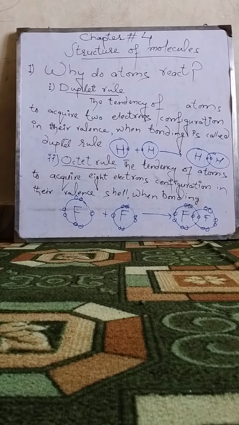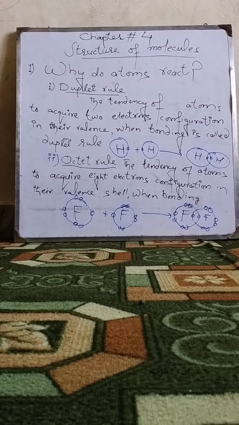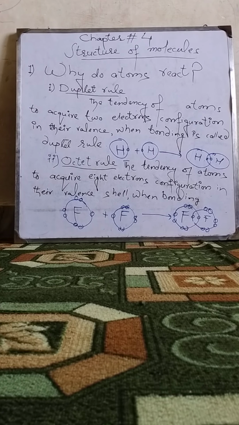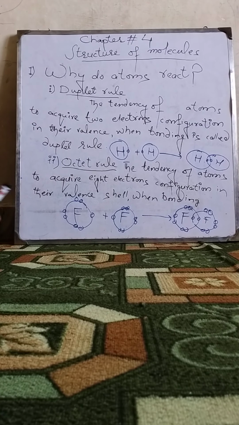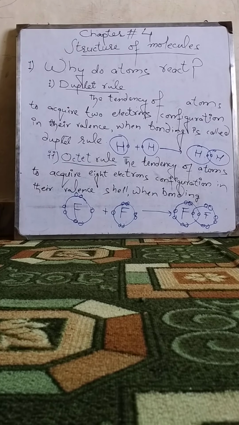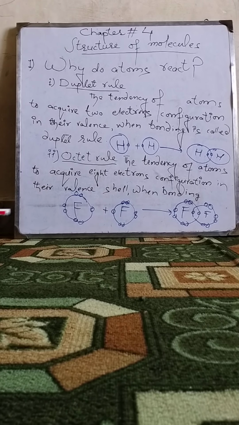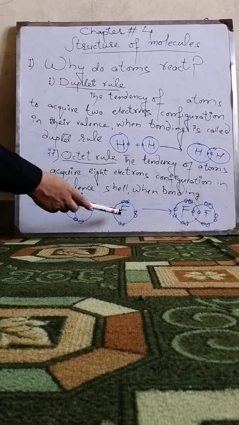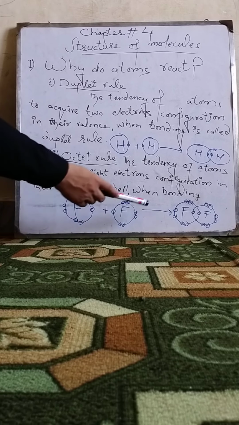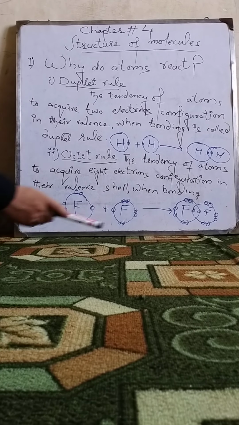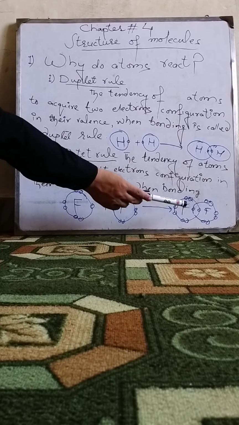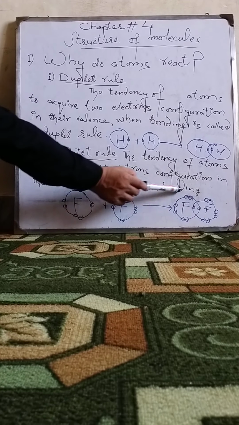Similarly, the octet rule states that it is the tendency of atoms to acquire an 8-electron configuration in their valence shell. Fluorine has 7 electrons. It wants to become stable. It wants to become like the noble gas neon, which is very stable. So it will try to acquire 8 electrons in its valence shell. It will make a bond with another fluorine atom and acquire 8 electrons. Now in the surrounding of the fluorine atom there are 8 electrons.